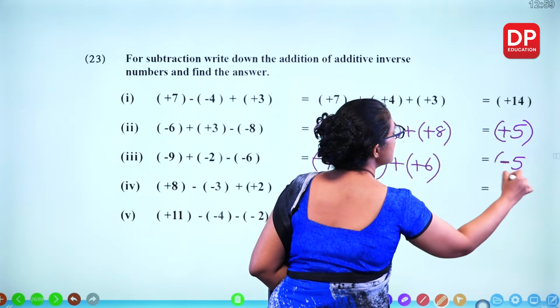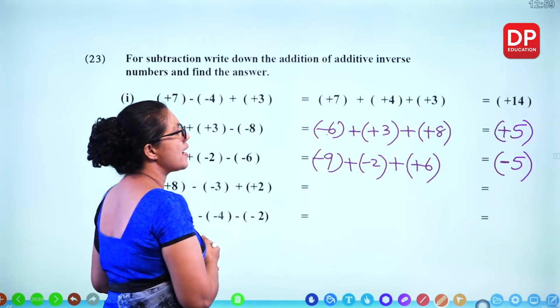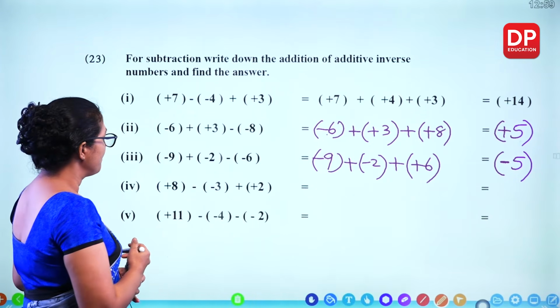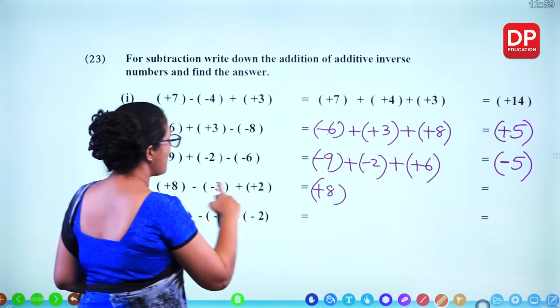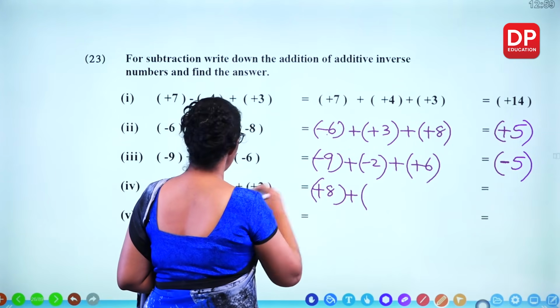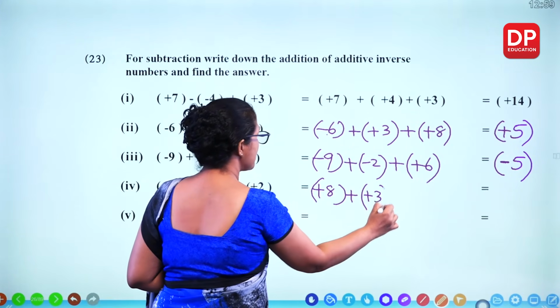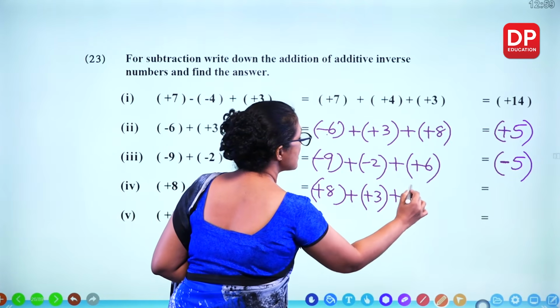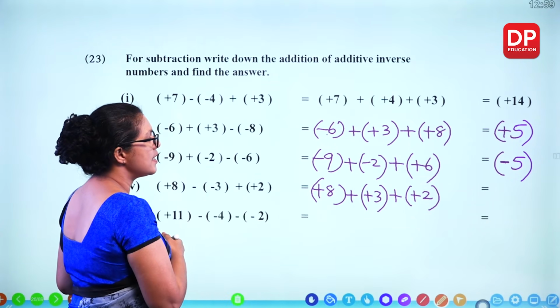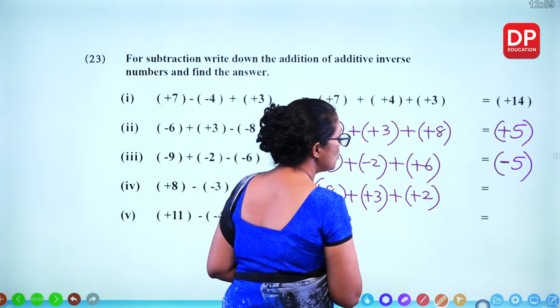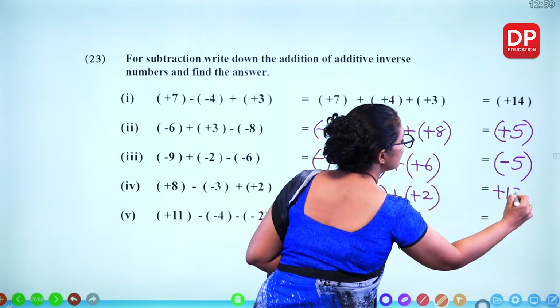The bigger number is minus 11, so you get minus 5. This one plus 8, minus becomes additive inverse of that, that's plus 3 and plus 2. 8 plus 3, 11, 11 plus 2, plus 13.